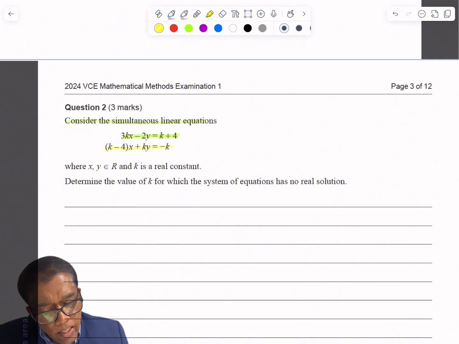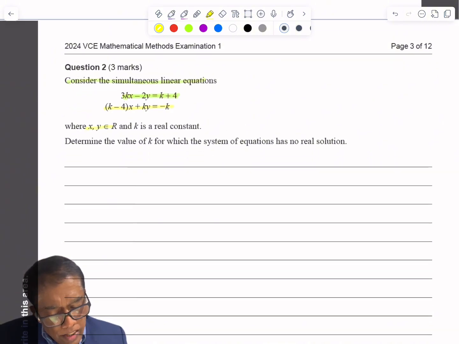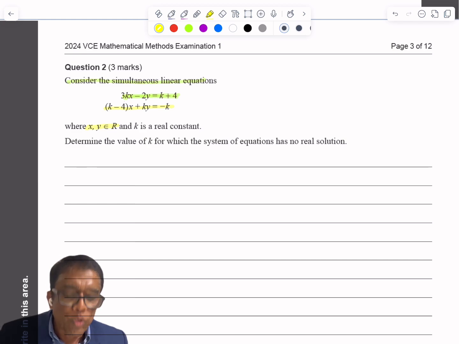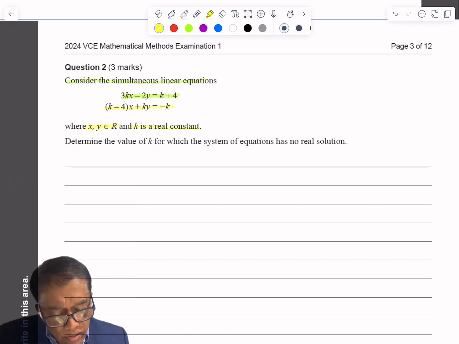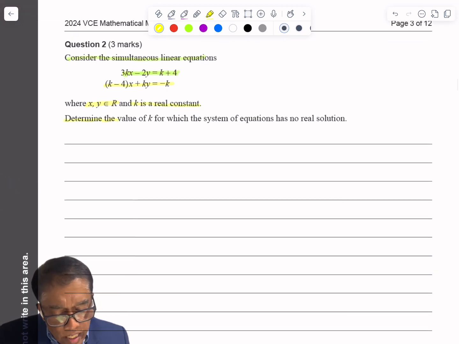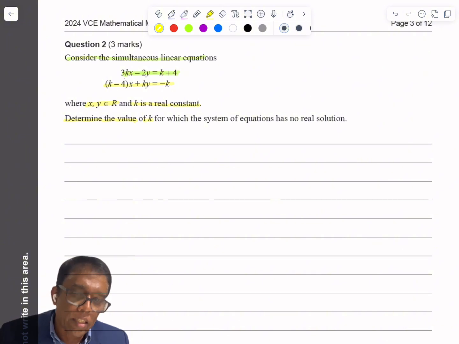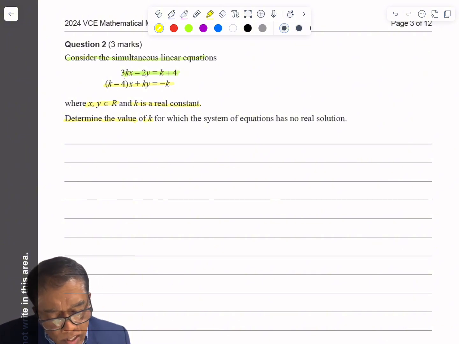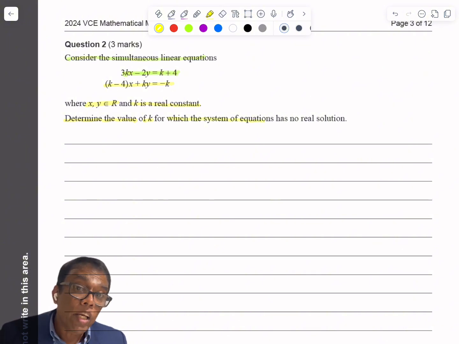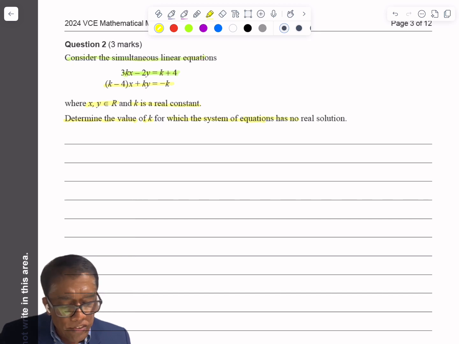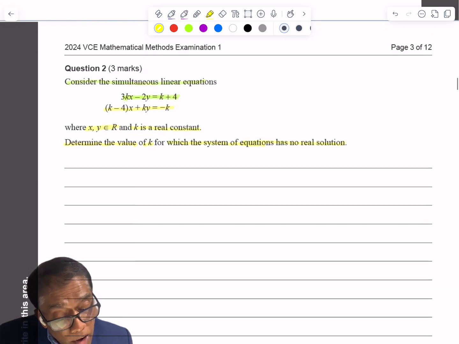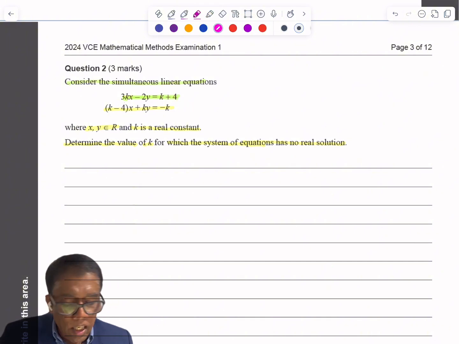The second one is (k minus 4) times x plus ky is equal to negative k, where x and y are real values and k is a real constant. Determine the value of k such that the system of equations has no real solutions.